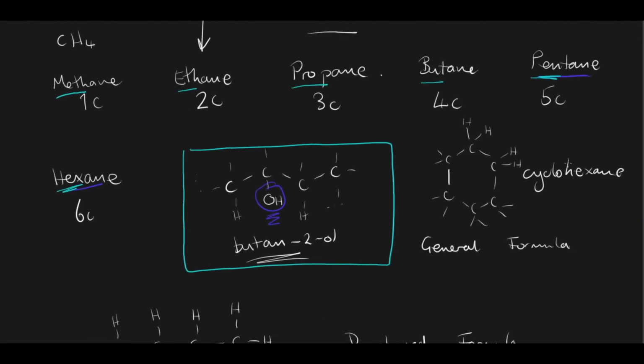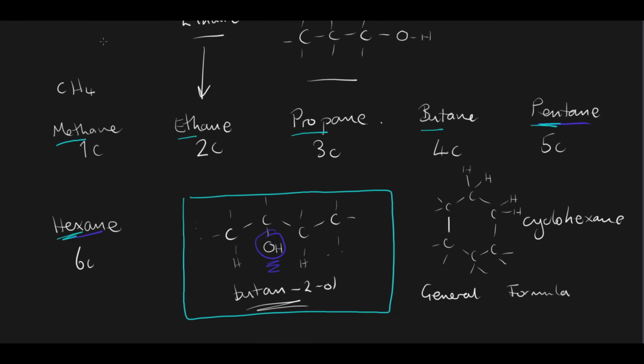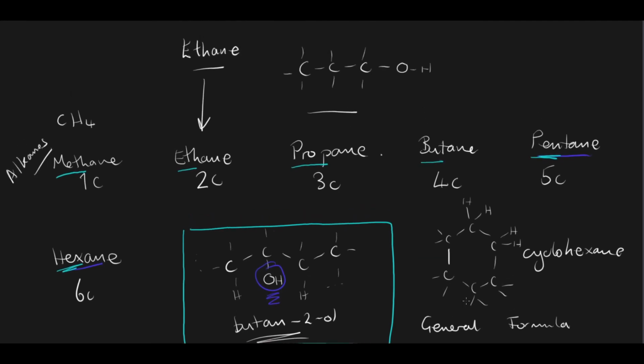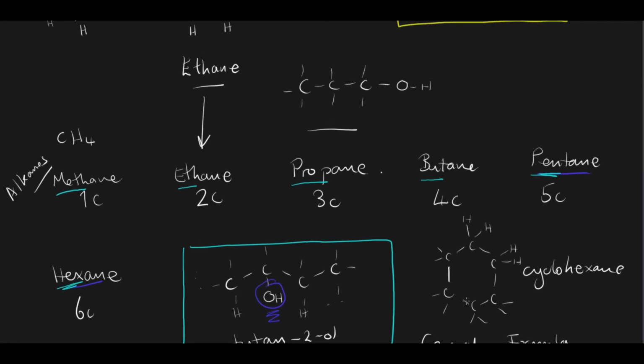And for this we're going to use this set of alkanes. These are called alkanes, these molecules that have got just carbons and hydrogens on them. And we're going to consider the formula for any alkane of any chain length.